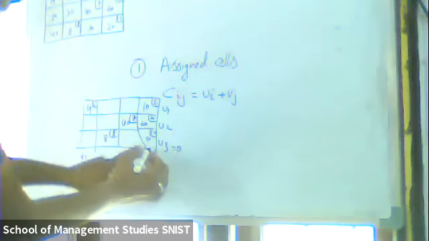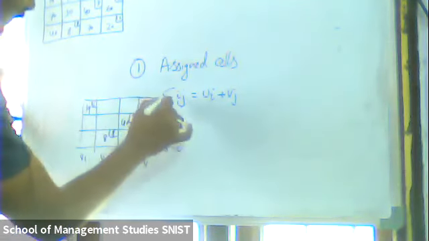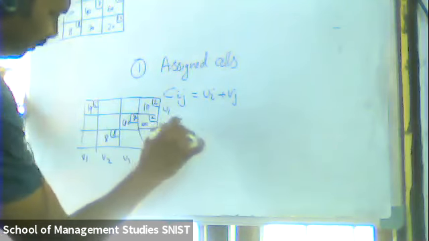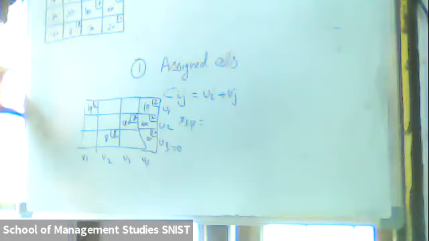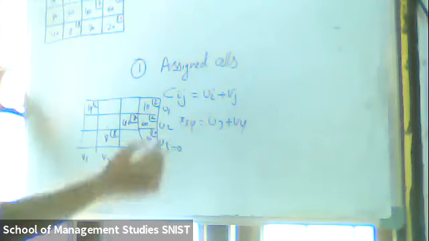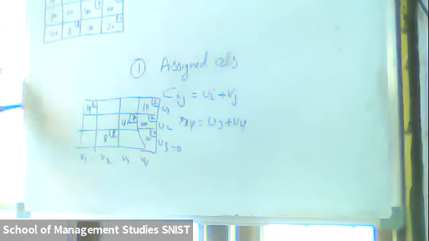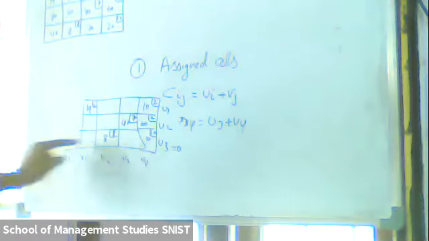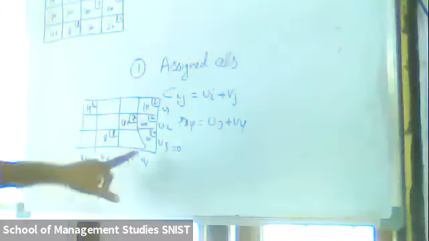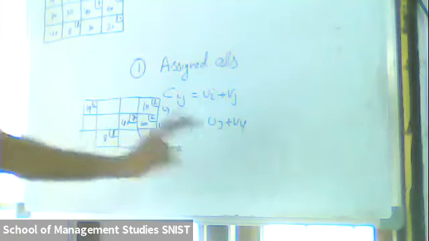So first I find x34. This is Cij, meaning x34, so u3 plus v4. What is I? Rows. What is J? Columns. That's it. So x34 gives u3 plus v4.